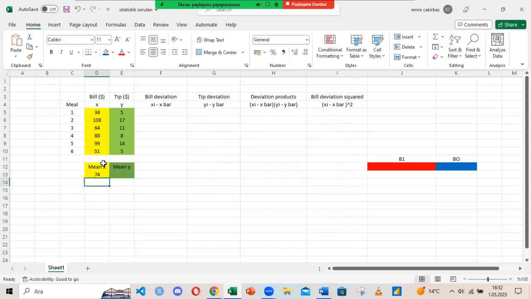And we will get 74. I am doing the same thing for the y value.